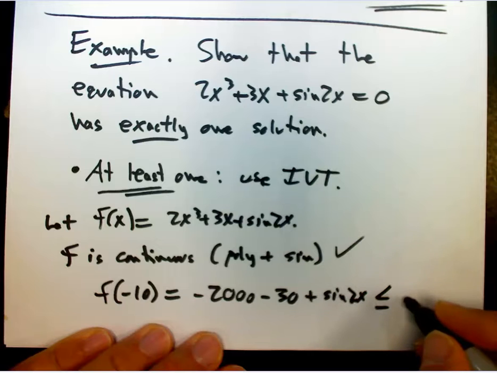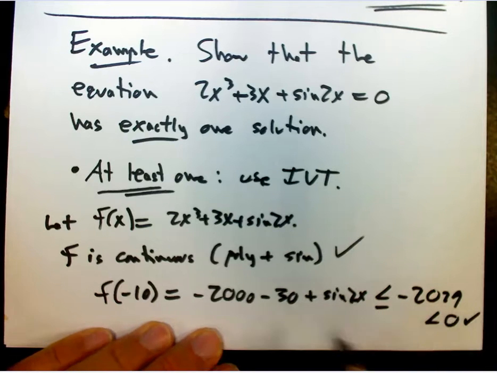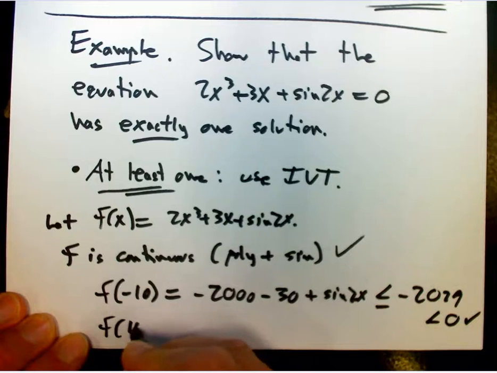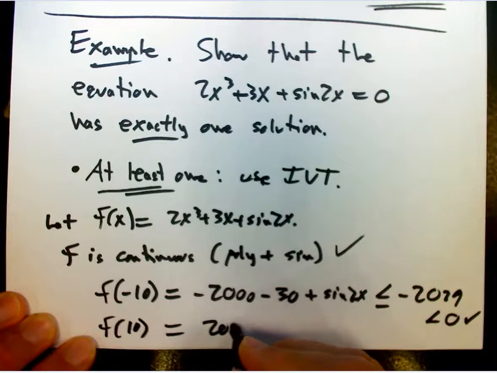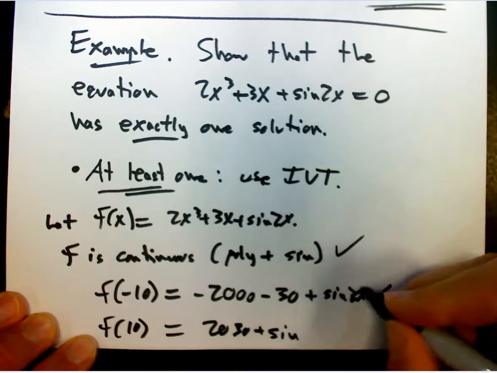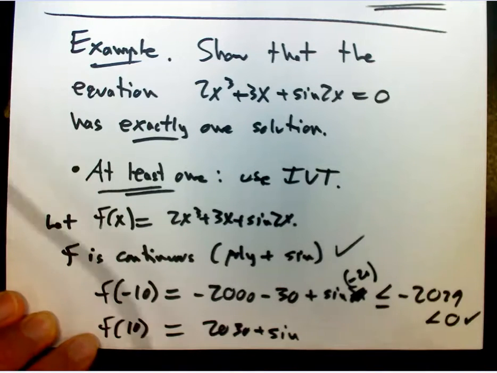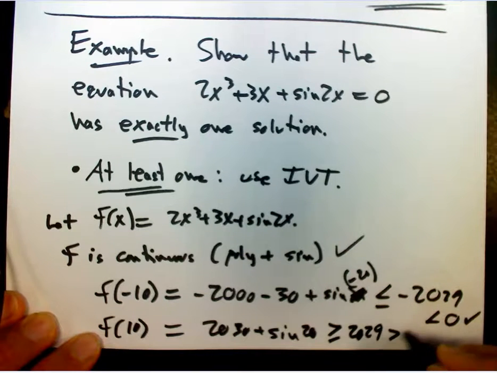So that's less than or equal to minus 2029, and that's less than 0. Similarly, f of 10 is 2030 plus sine, oh yeah, I should have put in, sorry, minus 20 there. But whatever it is, that's greater than or equal to plus 2029, which is greater than 0.